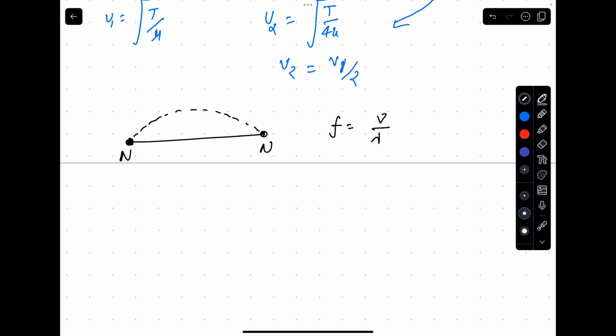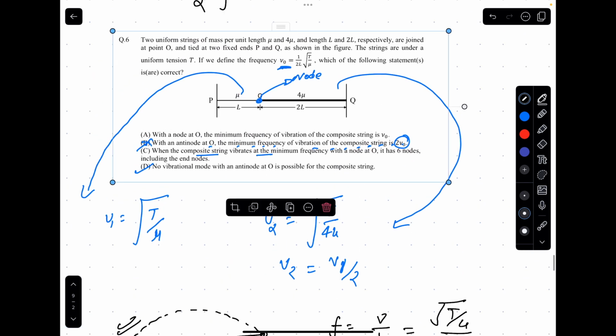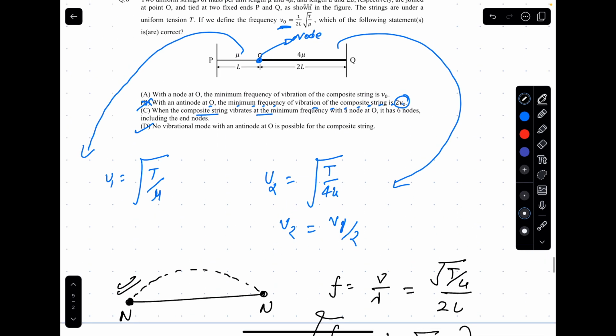So then this is lambda by 2. So basically we are getting lambda by 2 as L, so the lambda is 2L. So V is the velocity, root T by mu divided by 2L. So 1 by 2L root T by mu. That means they have given this as V naught. So they have given the fundamental frequency of this light string as V naught.